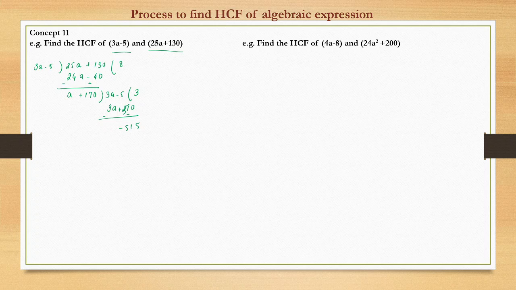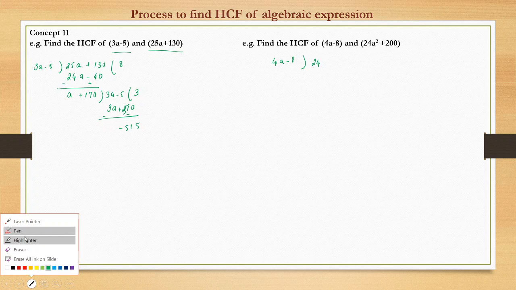Now let us see another example. Had the question been to find the HCF of this, so here it would be 4a minus 8. This will divide 24.